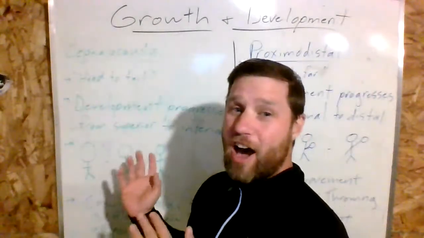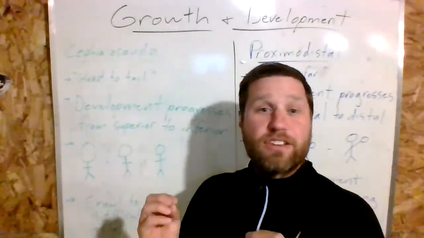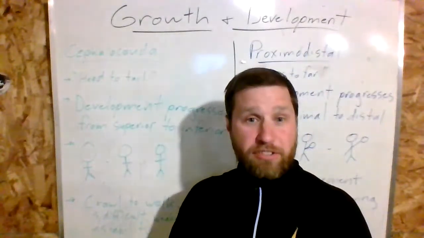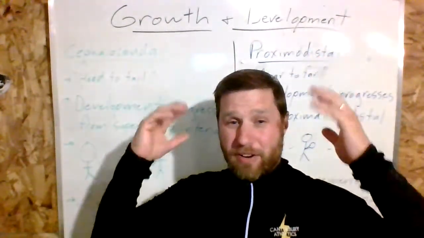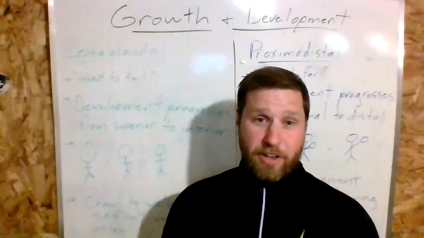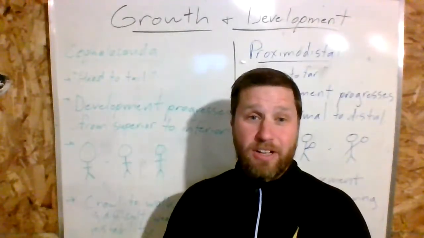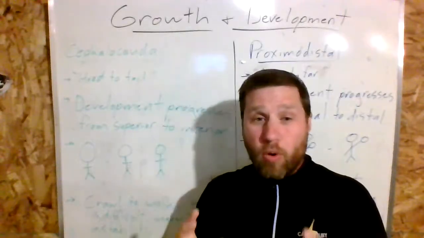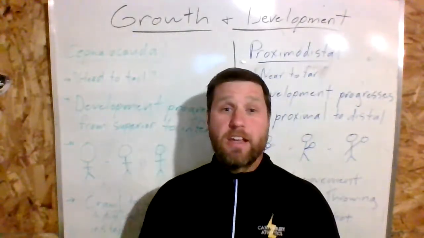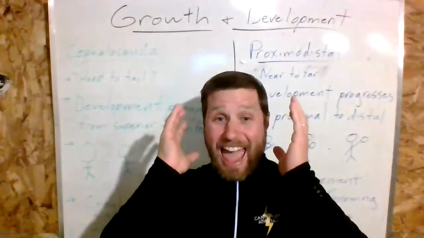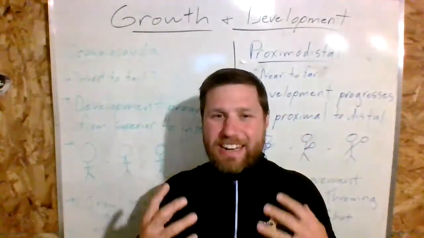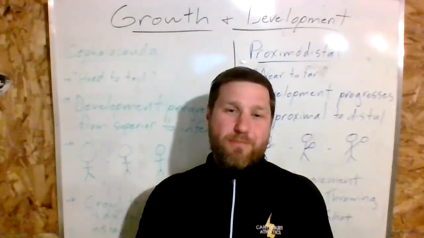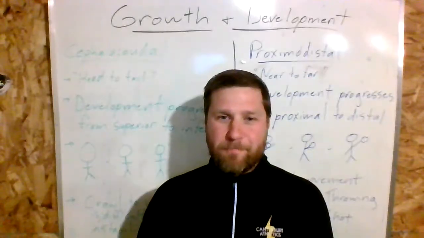The cephalocaudal sequence means that development occurs from superior to inferior. Literally, it means head to tail. So when we say cephalocaudal sequence, we mean that growth in an infant will start in the head and then proceed lower down in the body, more inferior in the body.